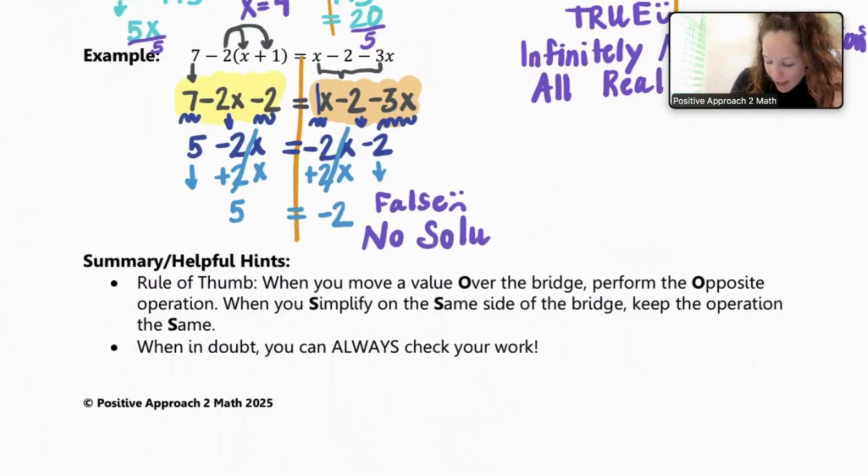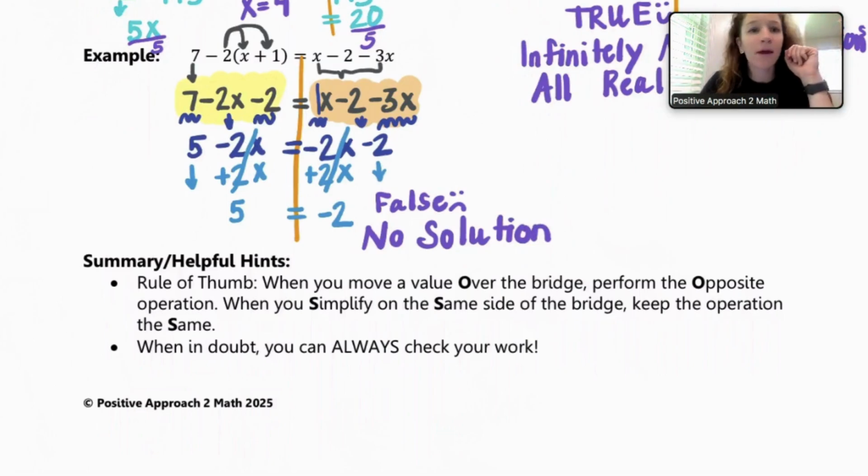No possible value that you think up in your mind will work when you plug that in. You can try every single number that you can think of, and none of them will make that statement true. And so we can write no solution, or a lot of times kids love to write the empty set. And that empty set is translated, it's saying x is in the empty set, right?